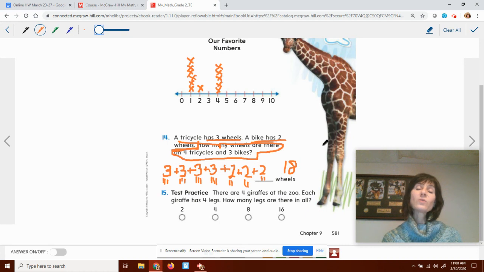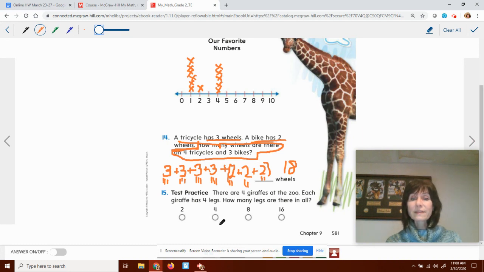This is something that you could have done some skip counting. I could have said 2, 4, 6. I added these first and would have gotten 6. And then I could have added 6 to my 12. It's whatever works for you. Check it. Always check. And if you have the right answer, perfect.